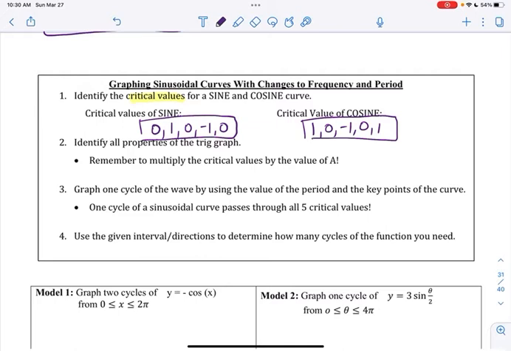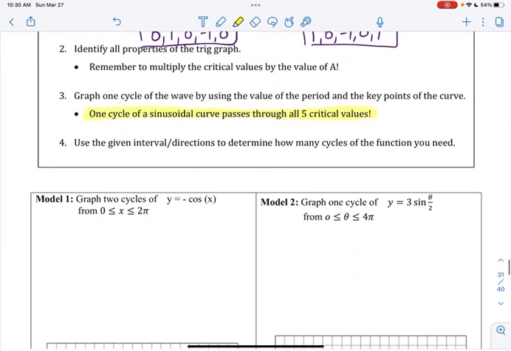Okay, that will give you the height. And you have to graph 1 cycle of the wave by using the value of the period and the key points. So all those critical values, here's the important part, 1 cycle has to pass through all critical values. All right? And we'll just use whatever interval or directions they give us on how many cycles I'm going to graph.